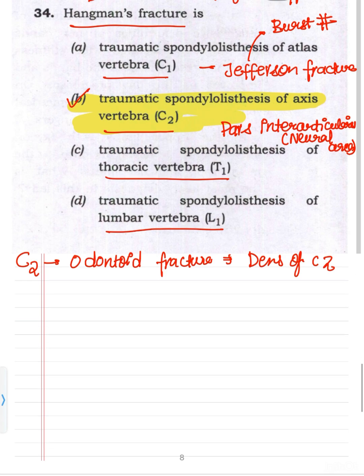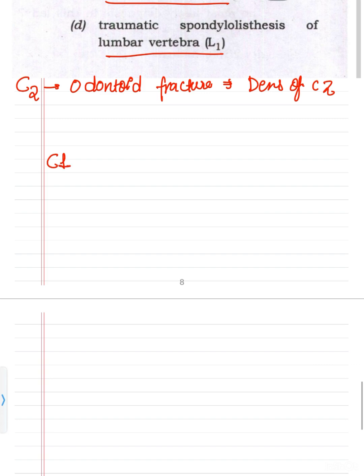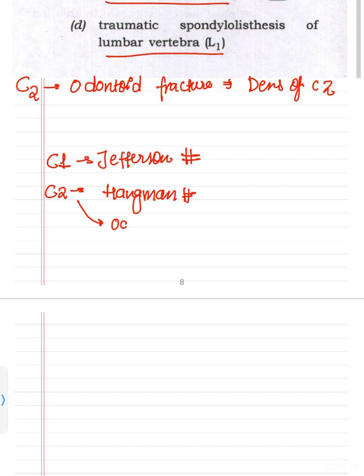So we have to remember three things: C1's fracture is known as the Jefferson fracture. In C2, there could be a hangman fracture, or there can be an odontoid fracture. Hangman fracture is when the pars interarticularis is involved. Odontoid fracture is when the dens is involved.